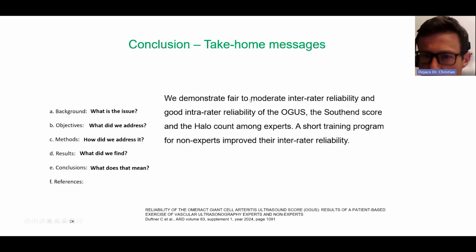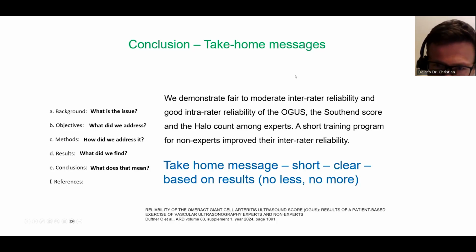We demonstrate a certain reliability for inter- and intra-rater reading of a certain score, and also what the link to clinical practice is. And there are no new results here. It's really the linkage between the results and the clinical practice. Yes, it's a take-home message, short, clear, and based on the results.